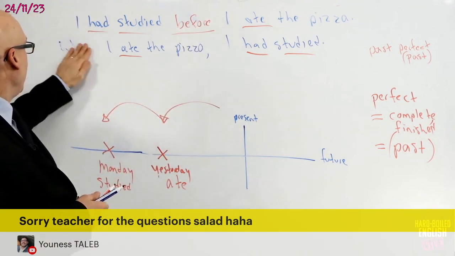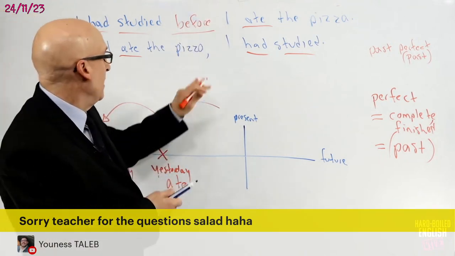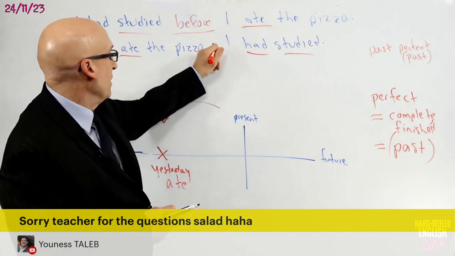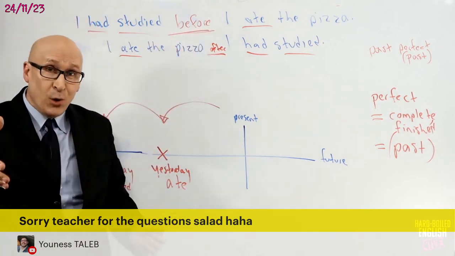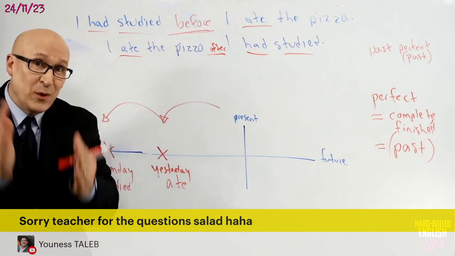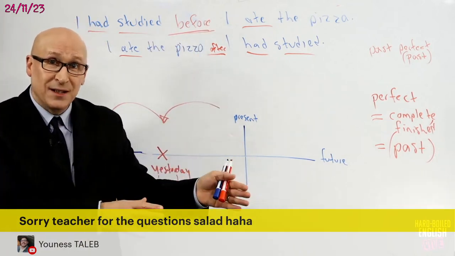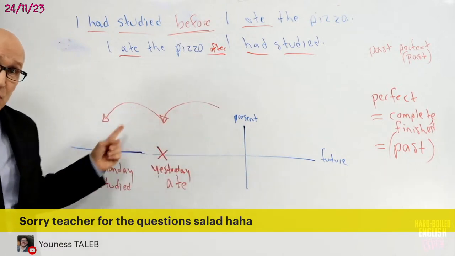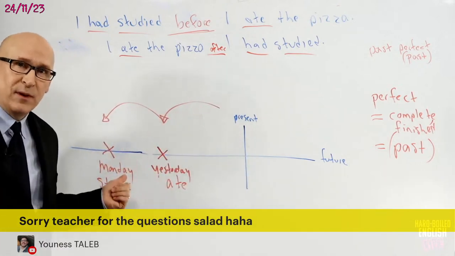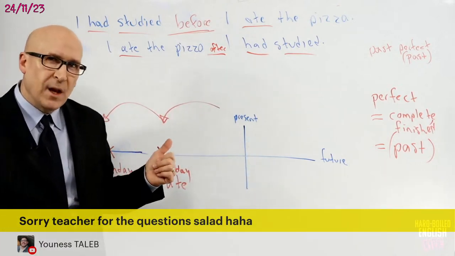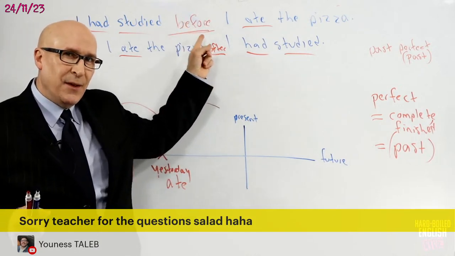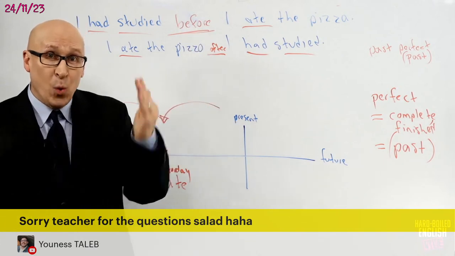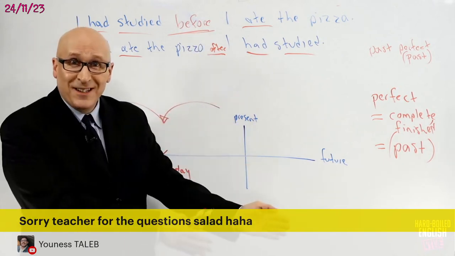Or let's try, I ate the pizza after I had studied. Now I just told you that the only reason we use past perfect is to tell us which of two actions or more happened first. But if we use before and after, those words tell us which action happened first.